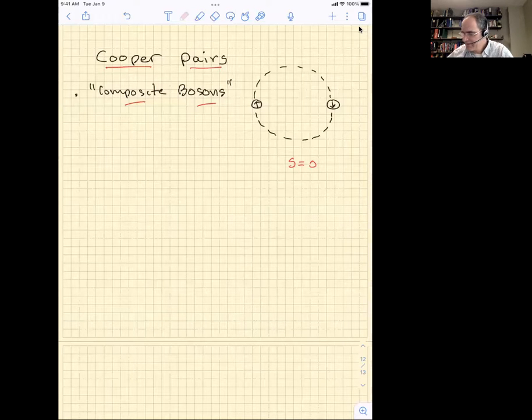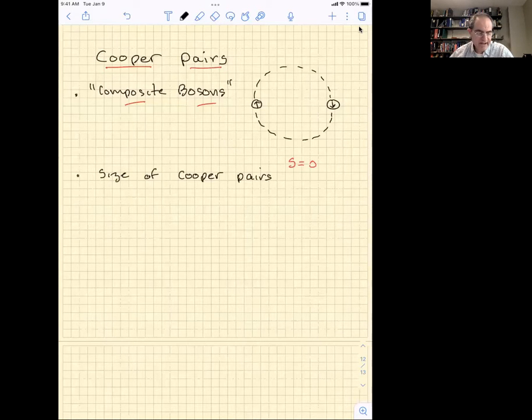Now, we can use some physical thinking to estimate the size of the Cooper pairs. And here's the idea.